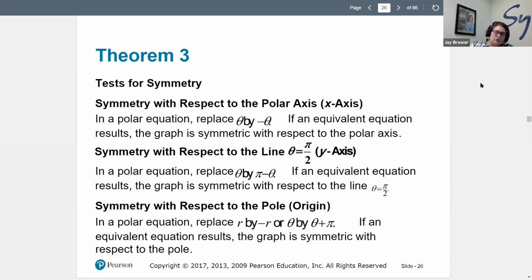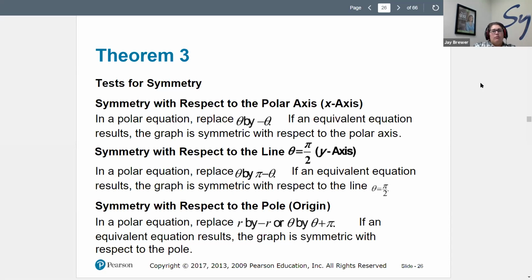Why does that sound so similar? Isn't that basically how we find symmetry with the x-axis? Okay, it's basically got a little twist, but that's it.